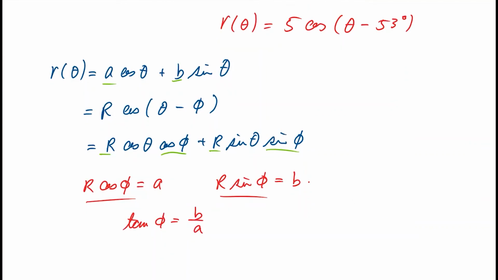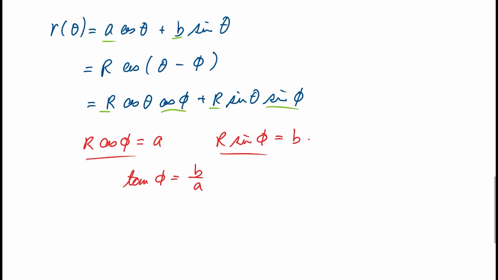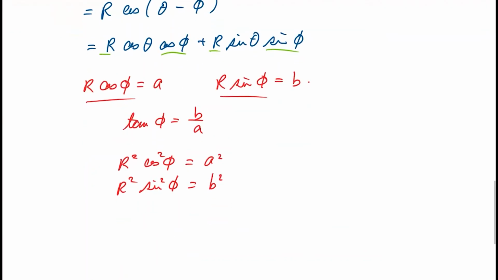And then you square and add. So R squared cosine squared phi is equal to A squared, and R squared sine squared phi is equal to B squared. That looks a little sloppy. Then if you add vertically, you get R squared is equal to A squared plus B squared, Pythagorean theorem.